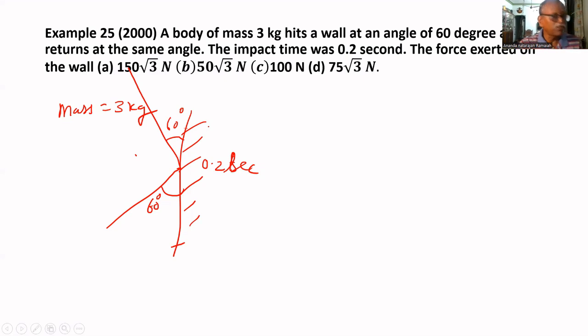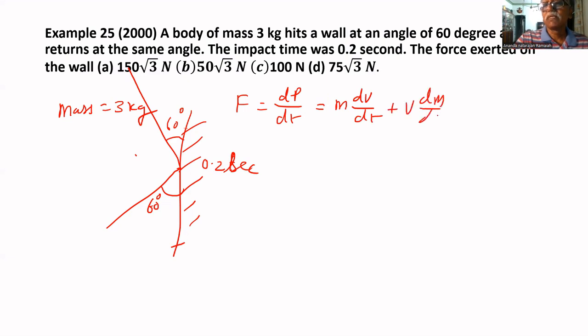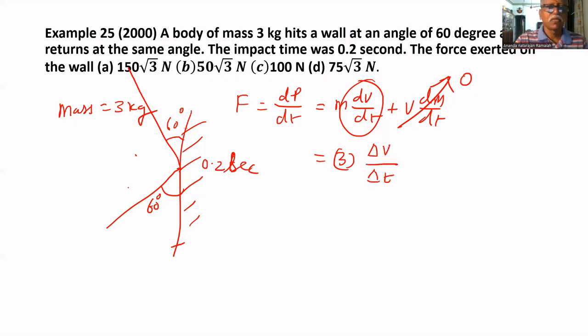We know that F equal to dP by dt. That is equal to m into dv by dt plus v into dm by dt. Here there is no change in mass, that's why this is equal to 0. Therefore, mass equal to 3, and dv by dt can be approximately written as delta v divided by delta t. dv by dt means change in velocity with respect to time.